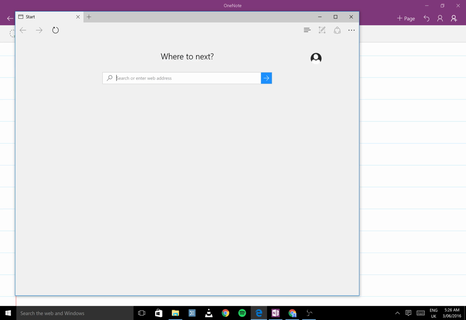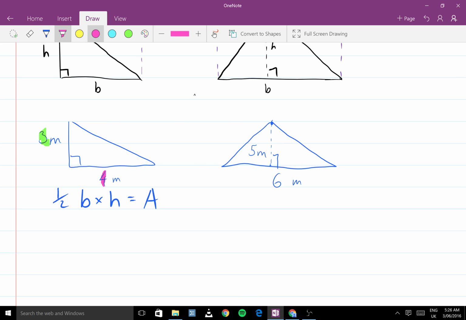Then where we had the base, we write 4 because 4 is our base. Where we had the height, we write 3 because that's our height. The half stays the same. And half times 4 times 3 will give us our area. Okay, so 4 3s are 12, half of that is 6. So our area is 6 meters squared.